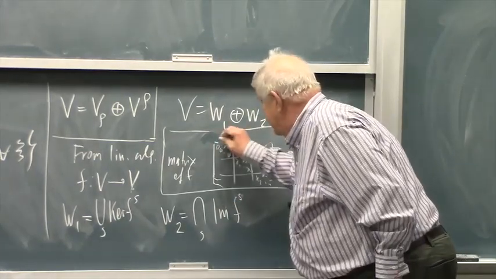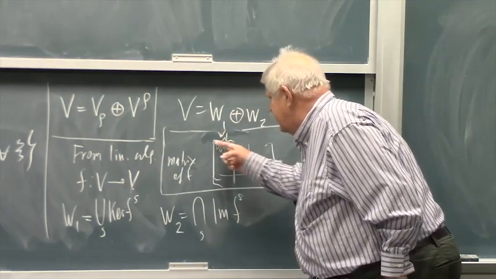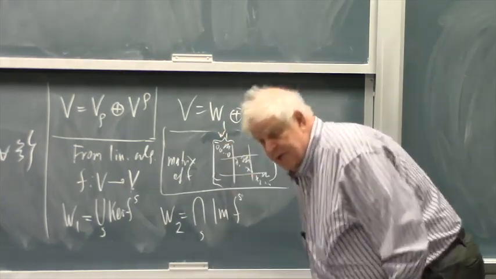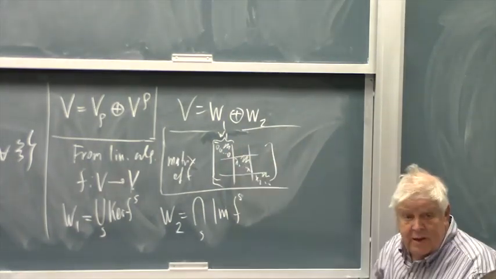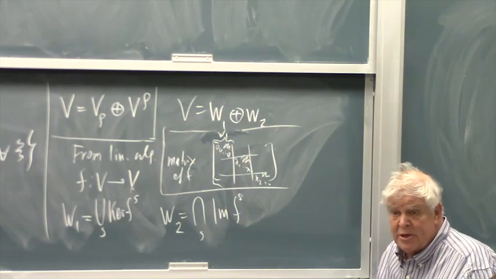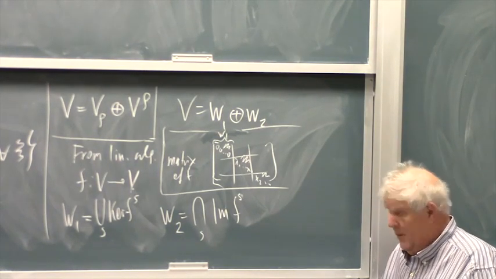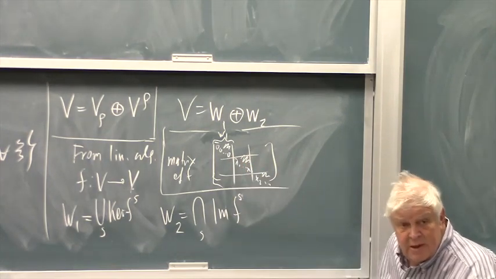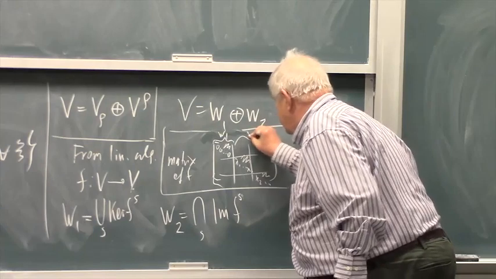And this is precisely W1: vectors which are linear combinations of basis vectors here, any element here, and hence any linear combination, is annihilated by an appropriate power of F. The power is the size of this block. All the rest is W2.